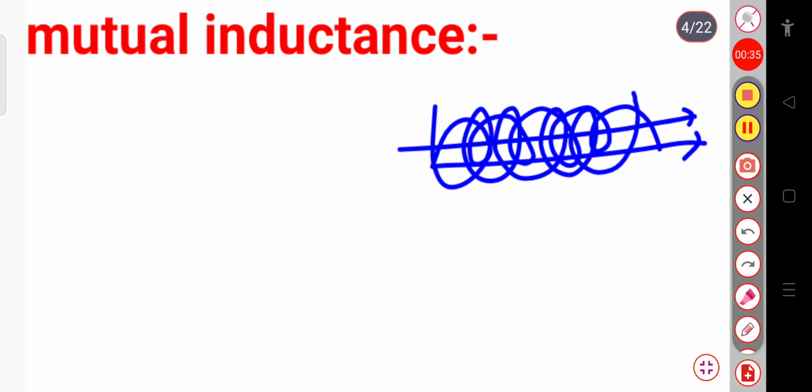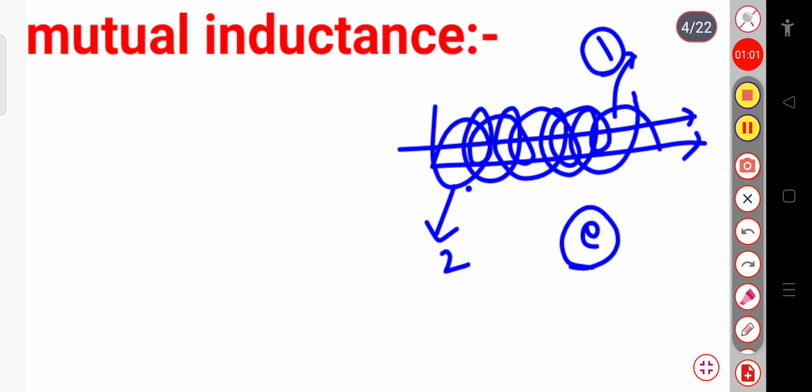Because of the first coil there will be a magnetic flux linked with the second coil, and when the current in the first coil changes, the change in magnetic flux is felt in coil 2, and because of that change in magnetic flux, according to Faraday's law, an induced EMF is developed. This whole phenomenon is called mutual inductance.